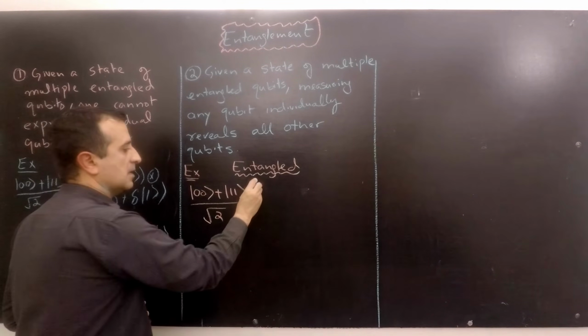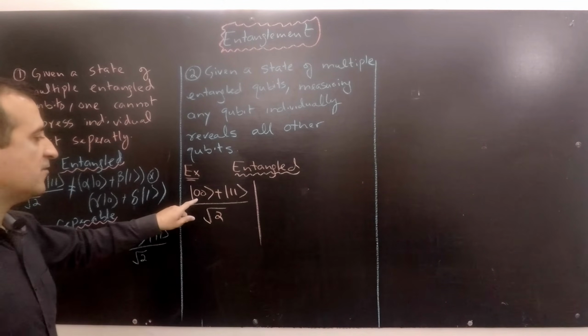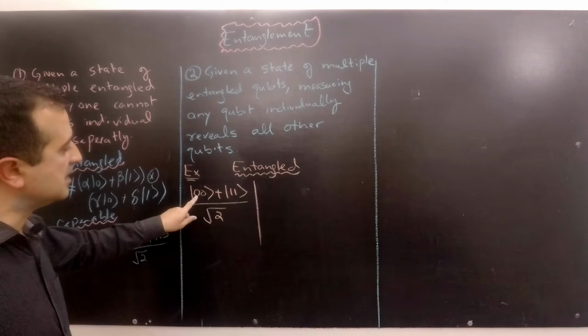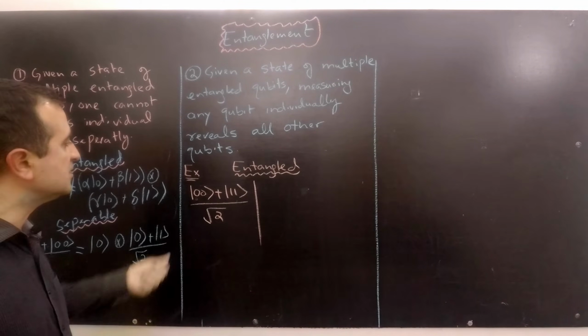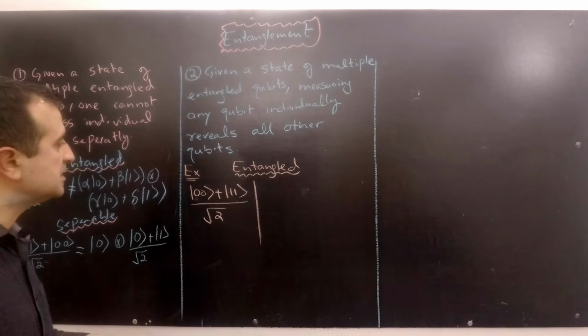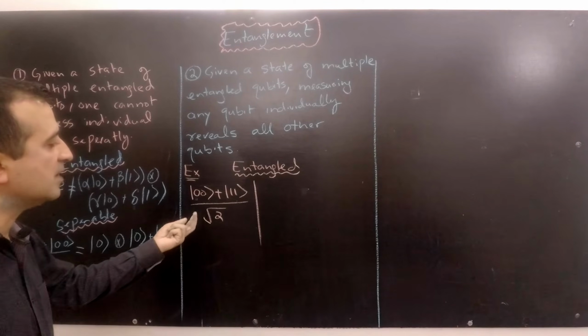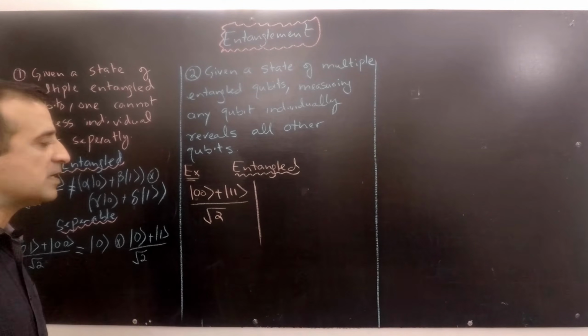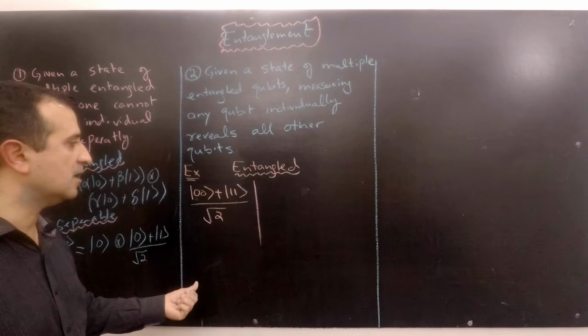Before measurement, the probability that the first qubit is 0 is half, and the probability that the first qubit is 1 is also half. Similarly, before measurement the probability that the second qubit is 1 is half, and the second qubit is 0 is also half. So before measurement both of those qubits are in superposition.